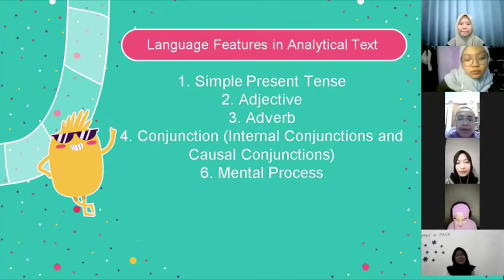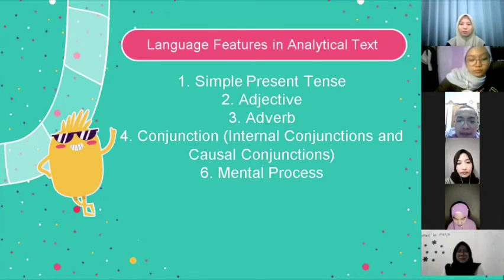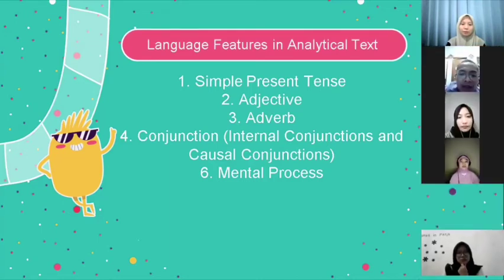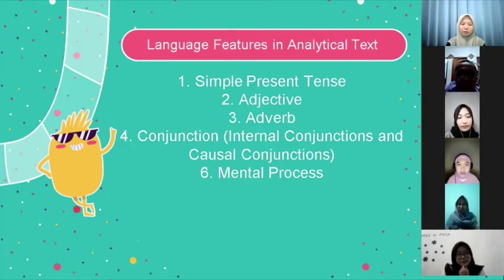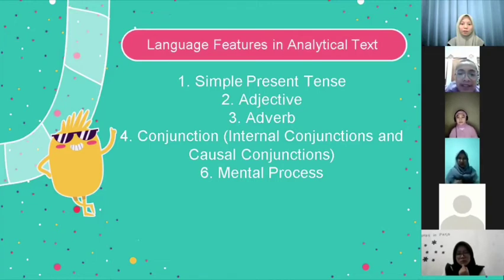Adjectives use persuasive words with emotive connotation to emphasize the writer's viewpoint. It can be negative or positive. For example, incredible, terrible, realistic, coherent, and so forth. Number 3, adverb. To explain some issues related to the information about the place, time, and so forth.